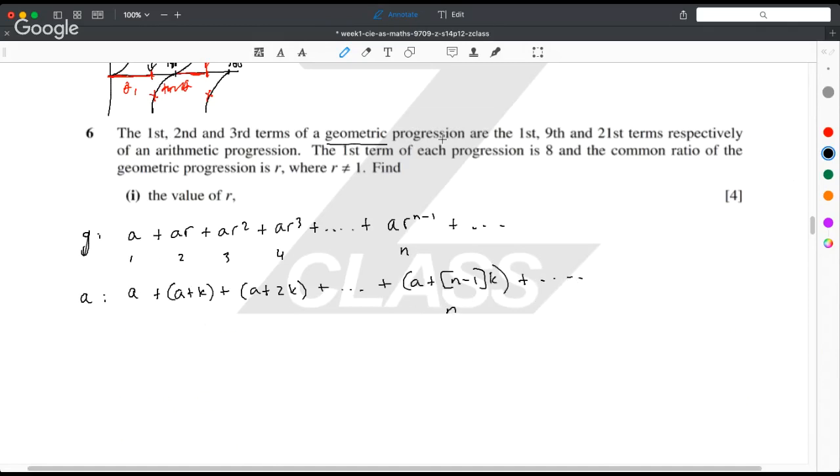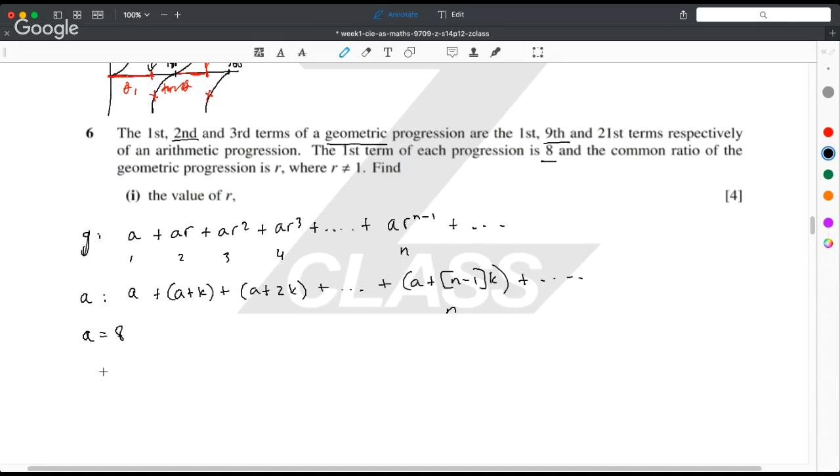So we're told that the first terms are the same, and they're both equal to 8. So a is equal to 8. I've called them both a here. Technically, I should have called it b and then told you that a was equal to b, but whatever. They're the same anyway. And now we're told the second term of the geometric progression is equal to the 9th term of the arithmetic progression.